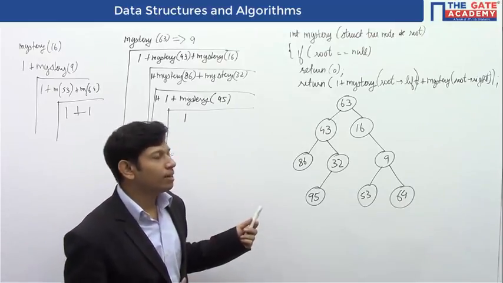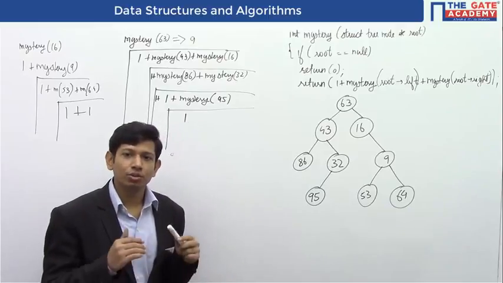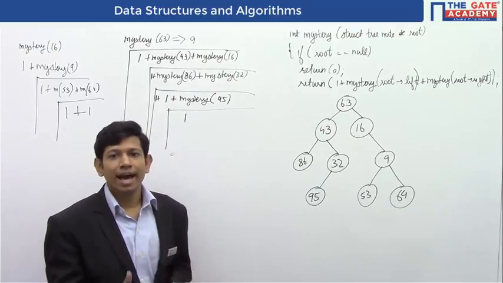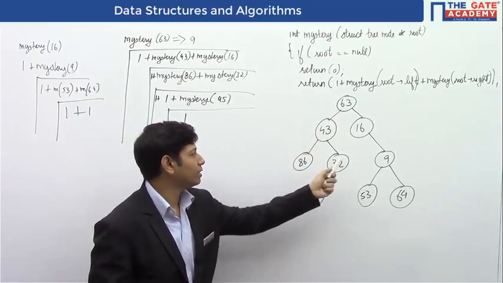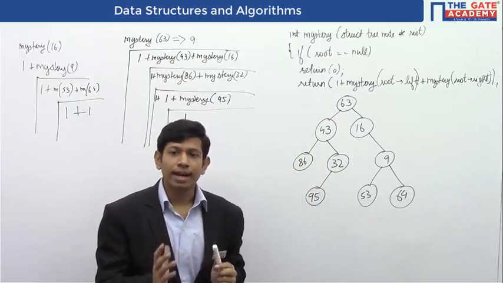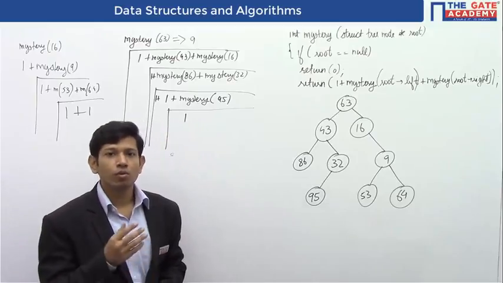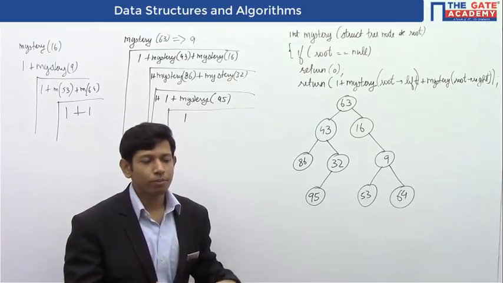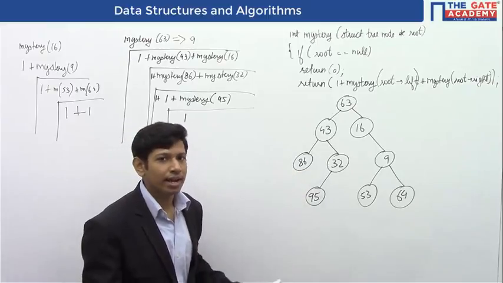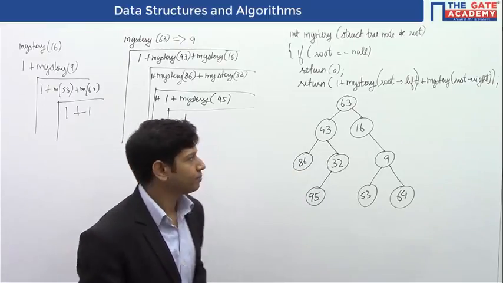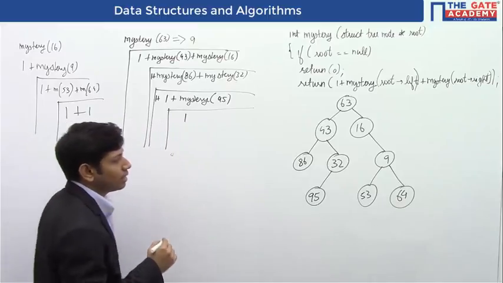So the answer will be 1 added as many times as we have nodes. So here we have 1, 2, 3, 4, 5, 6, 7, 8, 9. 9 nodes we have. For each node, 1 will be added. Code will be passed on to the child node. So total 9 additions of 1 and the answer will be 9. So here we get the answer as 9.